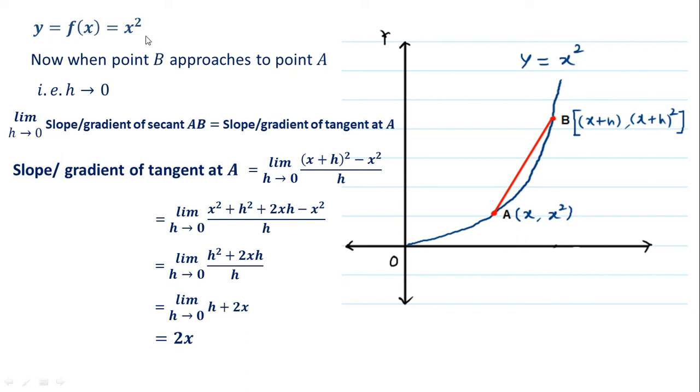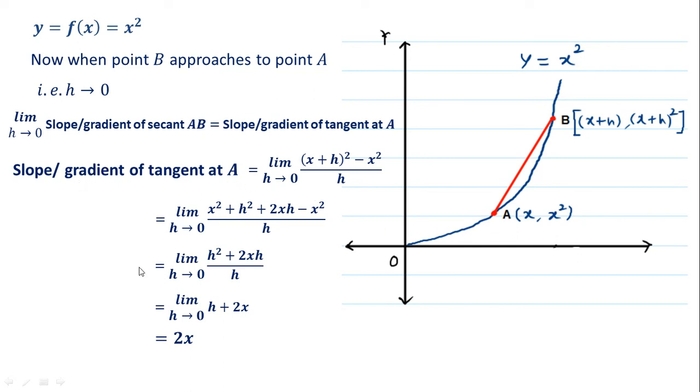Now for y is equal to f of x is equal to x square, we have drawn the graph of that function, and we get the slope or gradient of a tangent at point A, where A is any point on this curve.